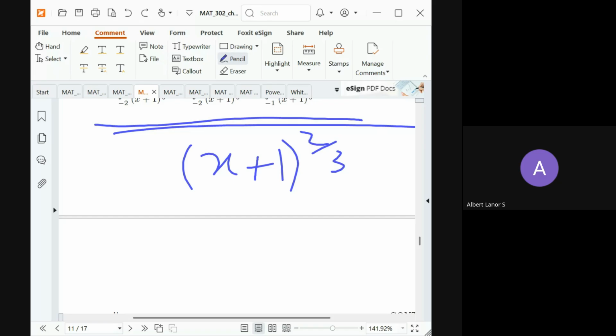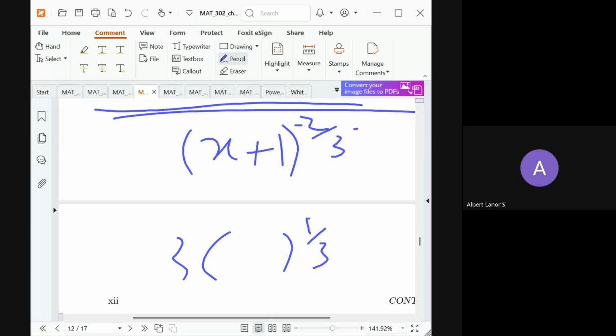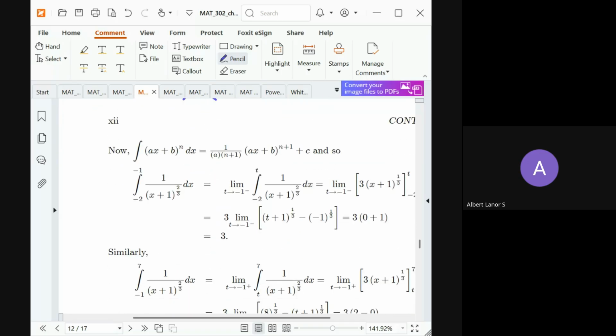You add 1, you have 1 over 3, then 3 times that one. Okay, so that's a 3. Then you find the limit of that, 3 (x plus 1) to the power 1 over 3, and then you keep progressing.